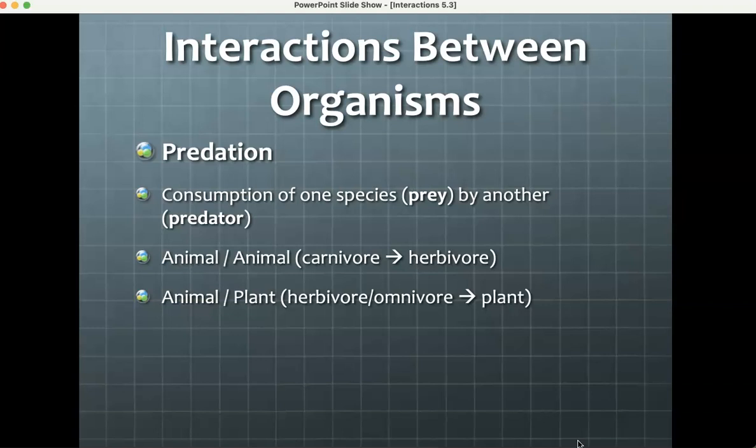The eating plants is predation. All right. Much easier to sneak up on a shrub than it is to sneak up on a bunny rabbit. But believe it or not, it's the same idea, okay? Plants are organisms. Plants are alive. So when you're eating plants, you are still killing things.